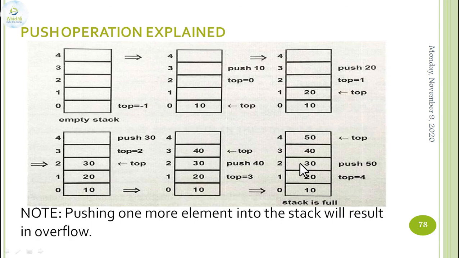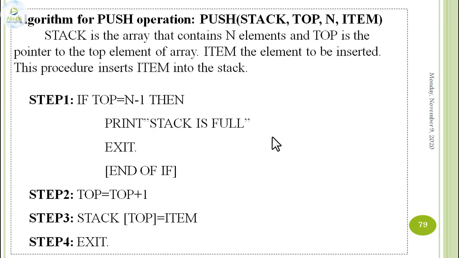So 1, 2, 3, 4, 5. So if top has reached 5 minus 1, that is 4, in this condition the stack is full, no more insertion is possible, then we'll terminate the program. Then we'll stop or put a halt to the program. So end of if.